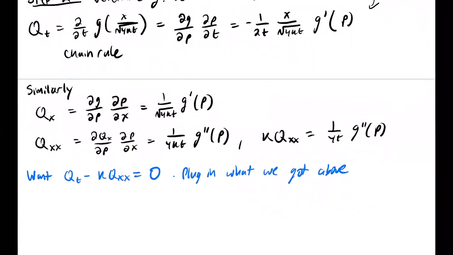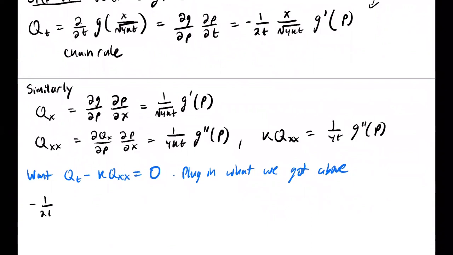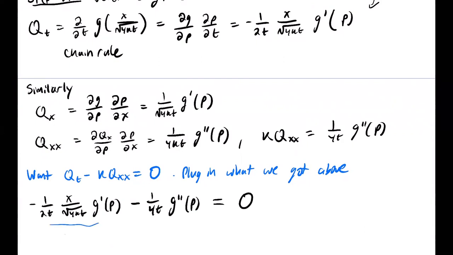For q_t, we have minus 1 over 2t times x over square root of 4kt times g prime of p. And for the k times q_xx term, we had minus 1 over 4t times the second derivative of g with respect to p. And we want that to be equal to 0. Just to clarify where we are, this is the q_t term, and this is the minus k times q_xx term, and we want this to be equal to 0.